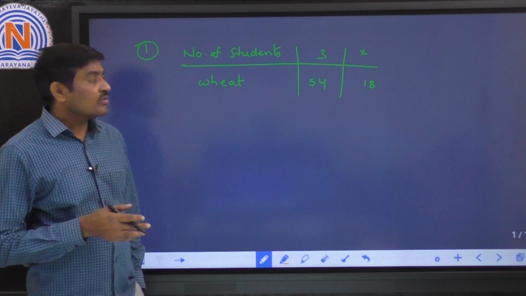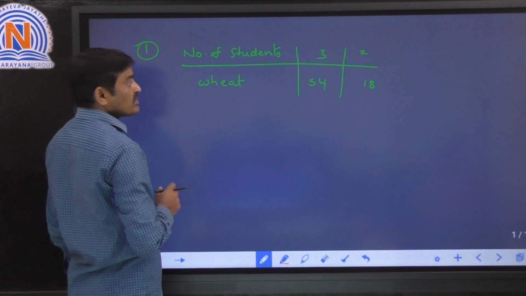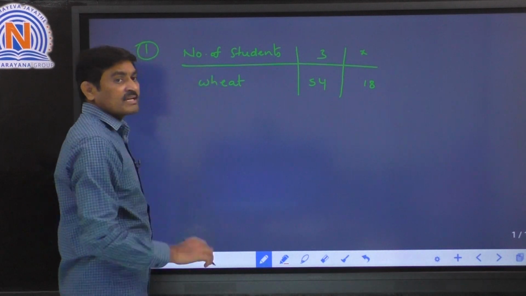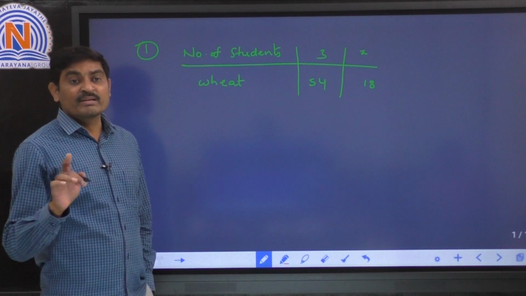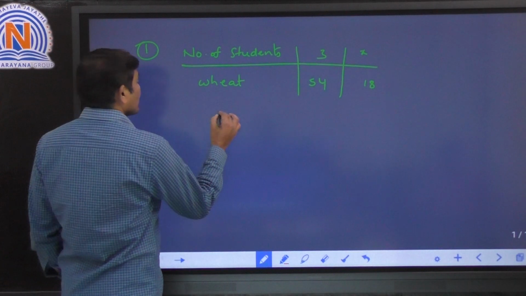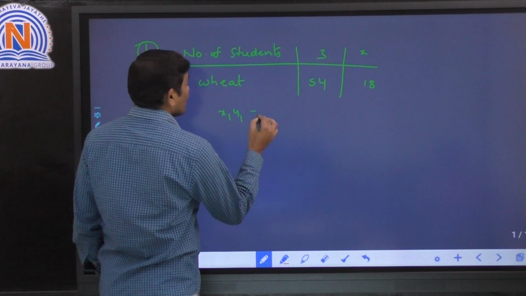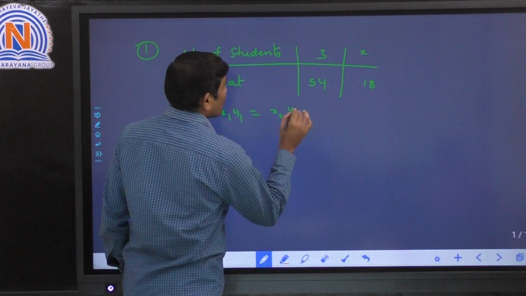So here these are in inverse proportion. When two quantities are in inverse proportion, their product must be equal. That means x1 into y1 is equal to x2 into y2.